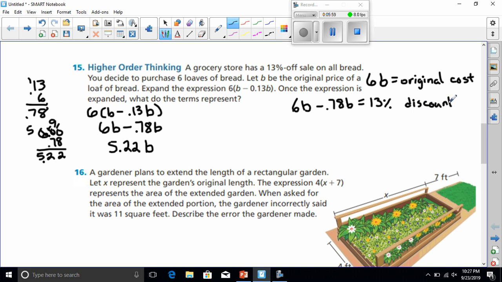Now, I have to look at this carefully. If I was going to use my answer, the answer would actually be what the cost of the bread would be.